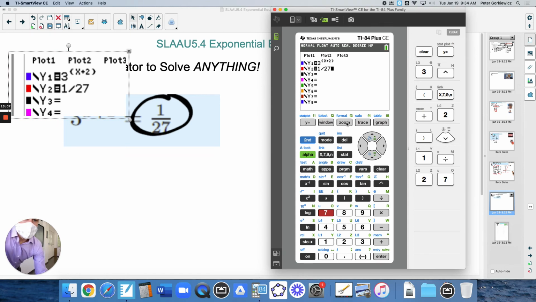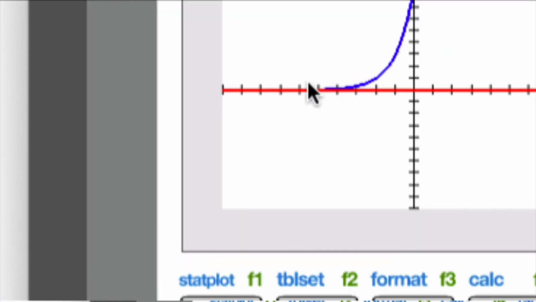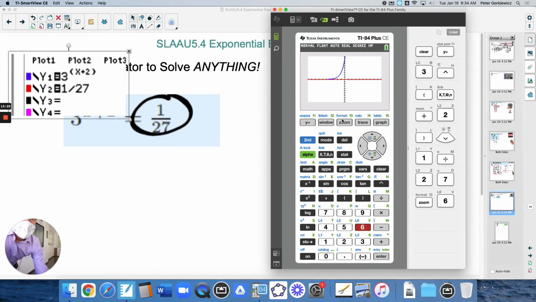And then I'm going to say zoom 6, or zoom standard. They're pretty close. So now we've got to go hunt for the spot that's right in here. 1 over 27 is pretty small, so it's pretty close to 0.